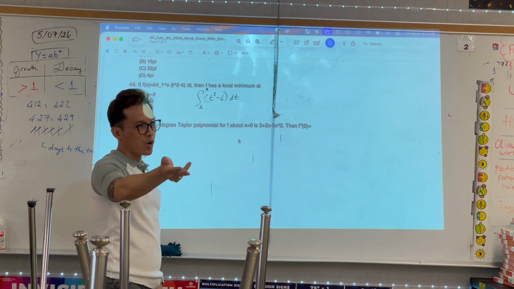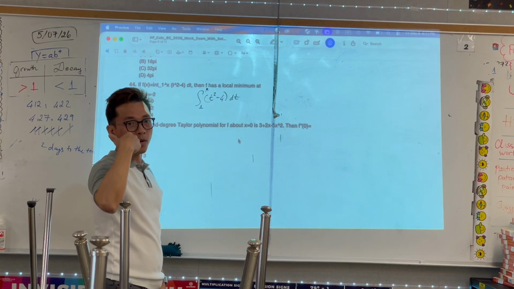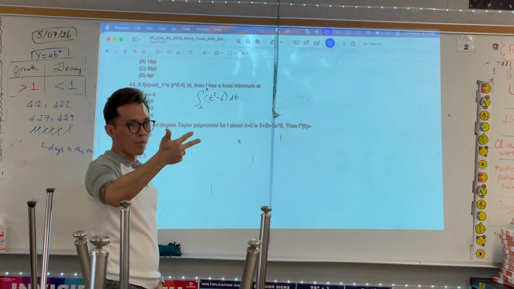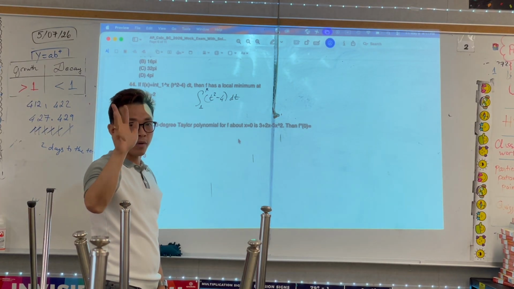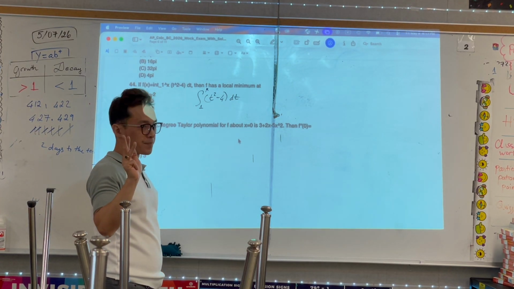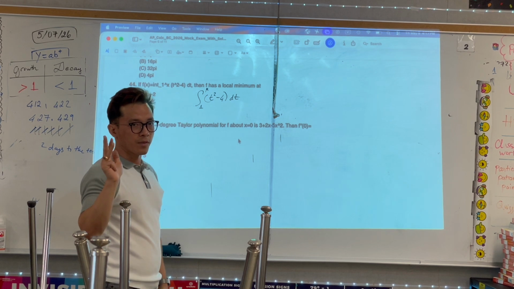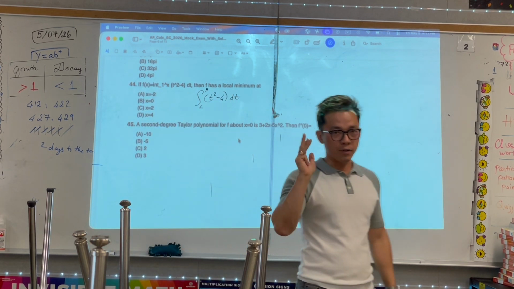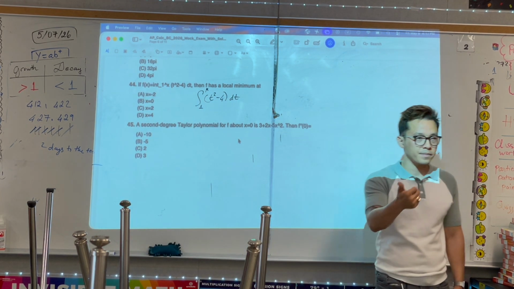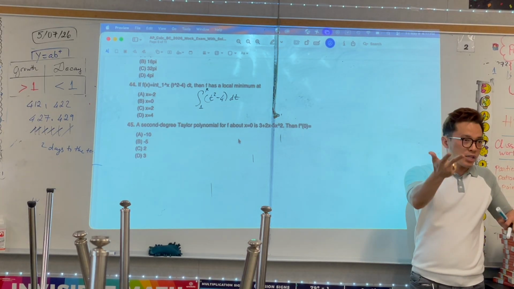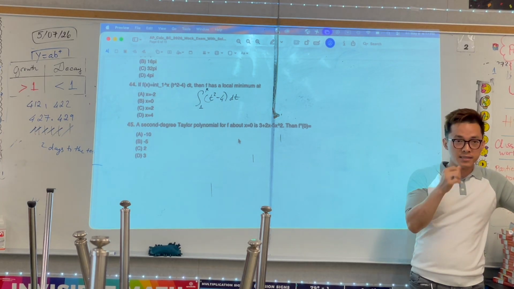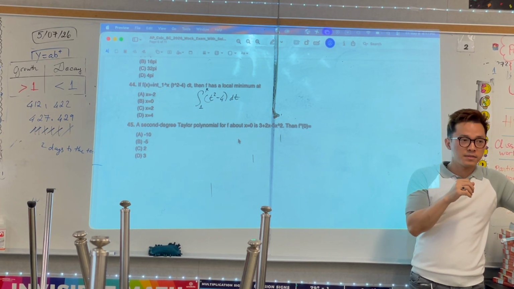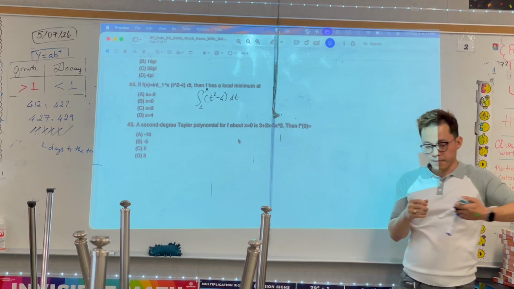Slope, concavity. That's about derivative. But what's special about the derivative when you hear local minimum, local maximum, tangent line? The derivative needs to be 0.